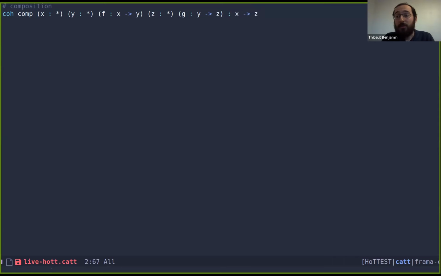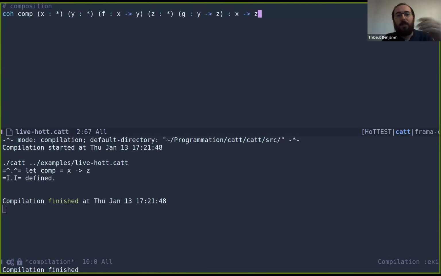And that's also what you would call the transitivity of rewriting, let's say. So I can just run cat on that. Here you see that I have the compilation running, and it says that let comp is something, and it's defined. Defined means it successfully defined it using the rules of the theory.